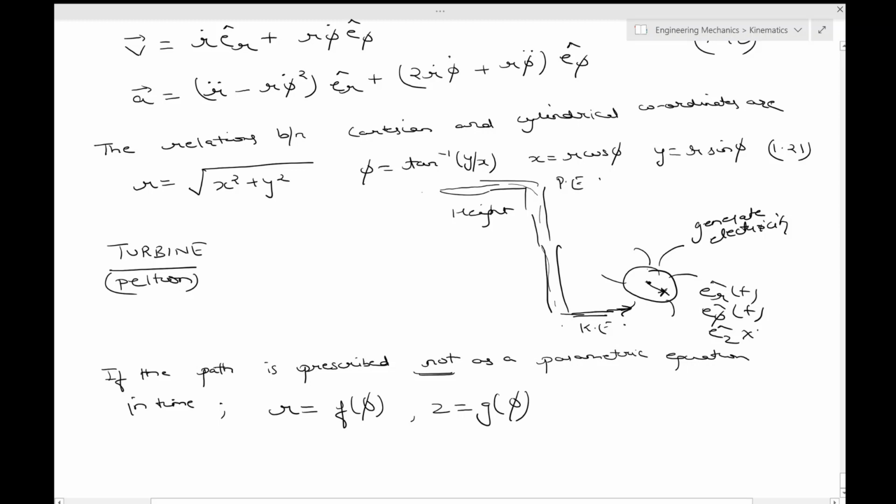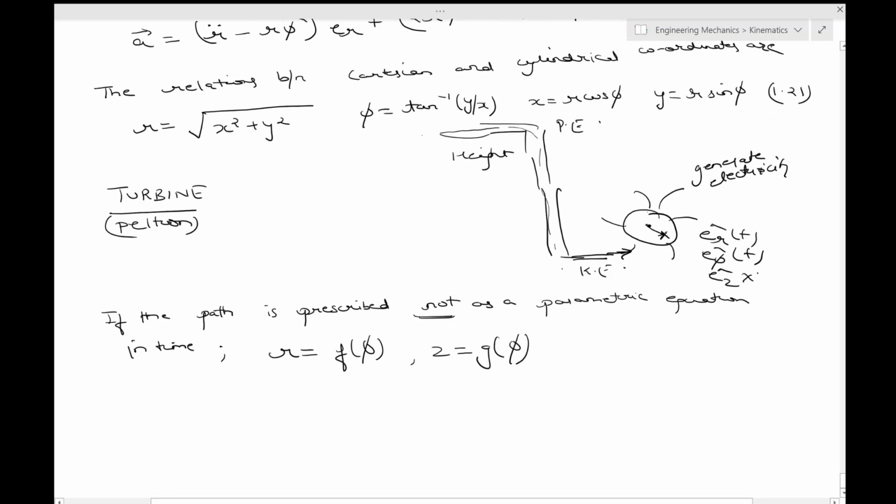Then the relationships between the time derivatives of r, phi and z can be obtained just by differentiating with respect to time. So r dot will be equal to df by d phi into phi dot. Similarly z dot is equal to dg by d phi into phi dot.